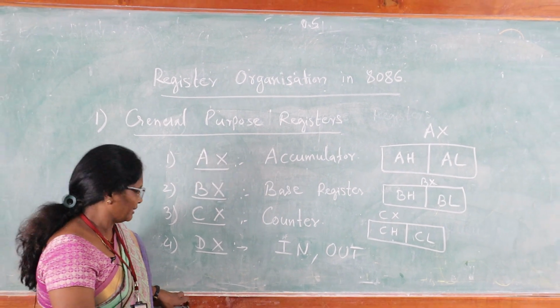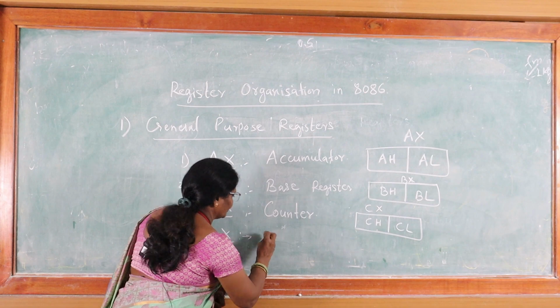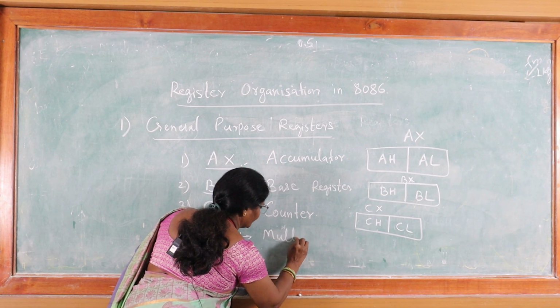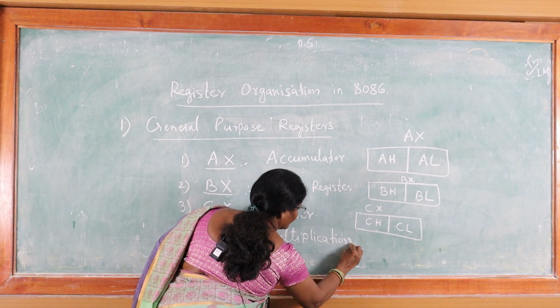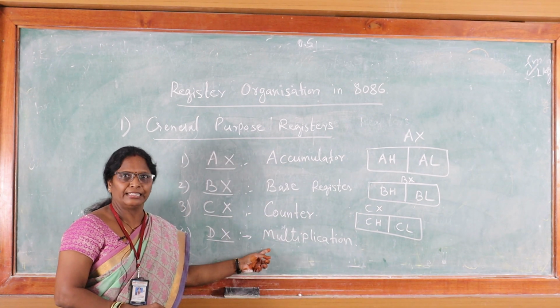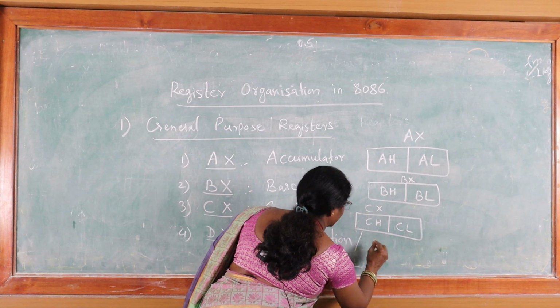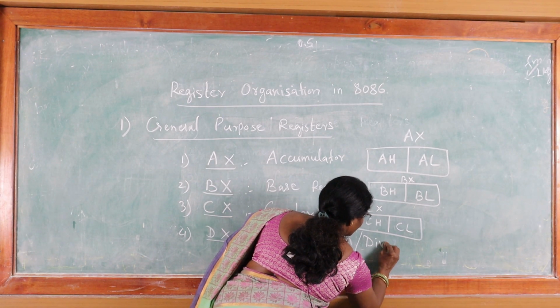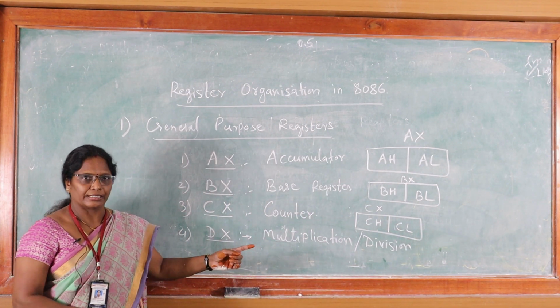And the second purpose is in multiplication and division, where we use the DX register as an implied register.